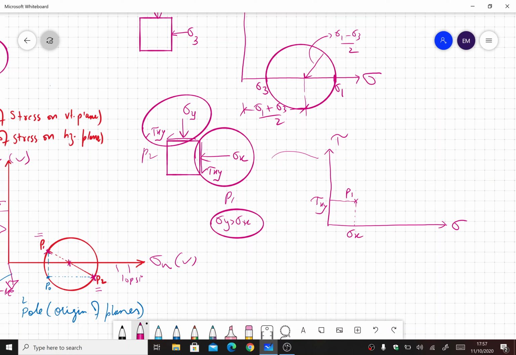Then I'll plot point P2, and it has coordinates sigma y and negative tau xy, again the same tau xy but in the negative direction. So what we will do is join them with a straight line, and where it intersects the x-axis, that is the center of the Mohr circle. Then I'll plot a circle keeping this at the center. So this is the Mohr circle. This is how I plot it when I do not have principal plane values.